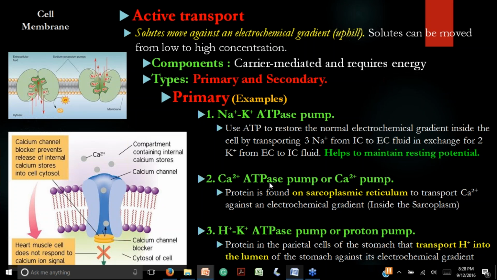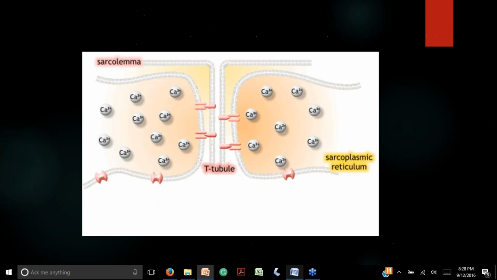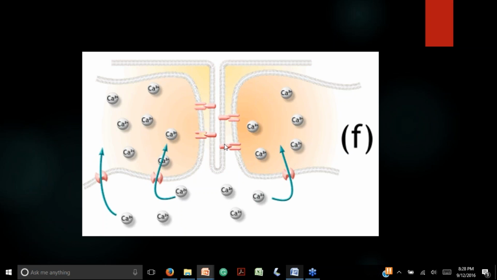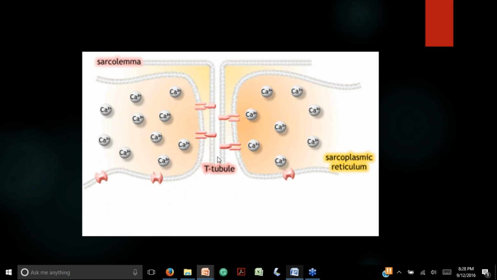We have the calcium pump. The calcium pump is mostly in the muscle. In this chart, we are going to see what the calcium pump is doing. Here we have the membrane of the muscle. Here we have what we call the T-tubules.